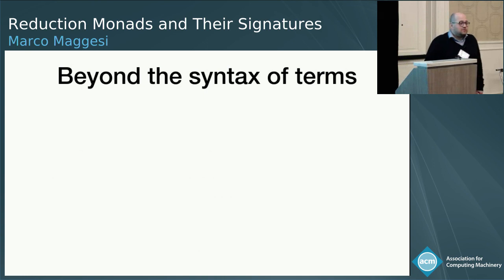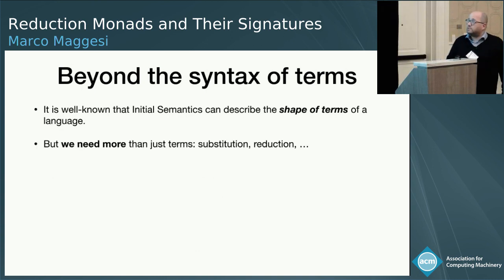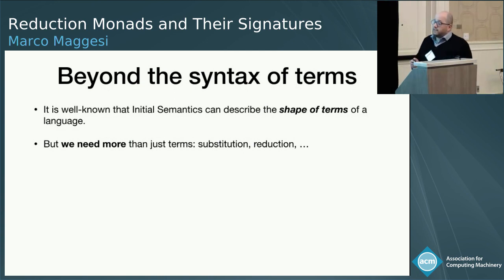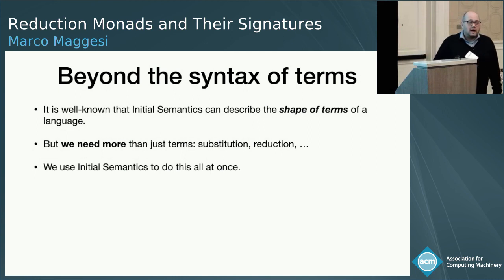So this should convince you that indeed initial semantics is good to describe the syntax of a programming language. But as we said before, we need much more. We need substitution, we need equations maybe, or we need reduction, etc. So what we do is that we use initial semantics to express all those aspects of our computer language.